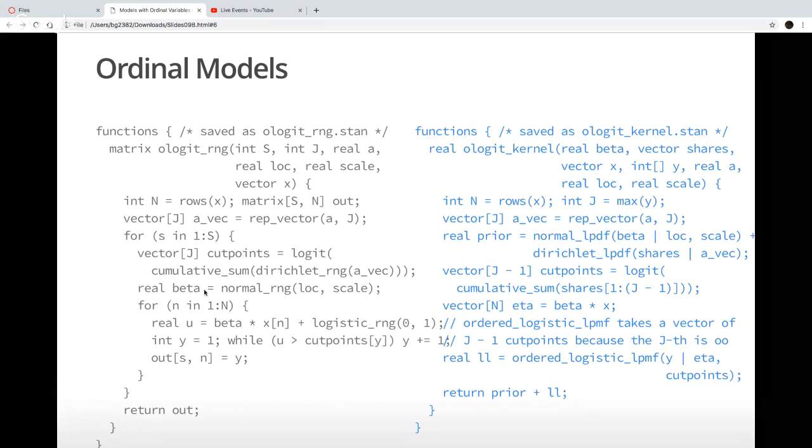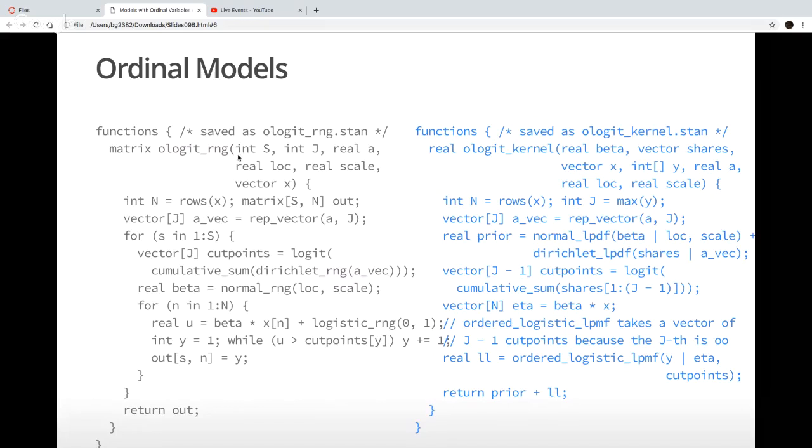Starting with the thing on the left, a function to draw from the prior predictive distribution. This is going to return a matrix that has S rows and columns, and each cell is going to have an integer saying what we predict a person with this or that X value, what their outcome would be if the outcome is measured on an ordinal basis.